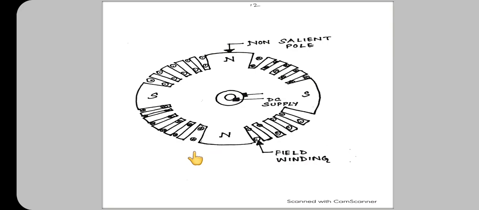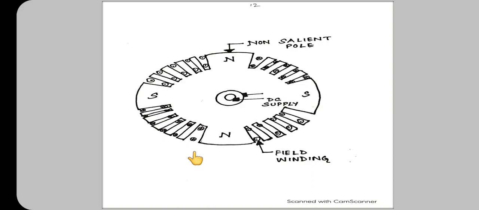The field windings are embedded in these slots, as shown in the figure. The field windings are placed in the inner periphery of the slots. It is clear that the poles formed are non-salient, that is, they do not project out from the rotor surface.